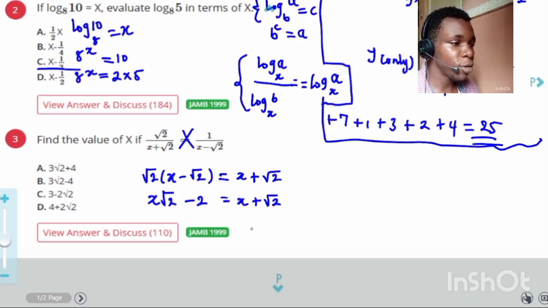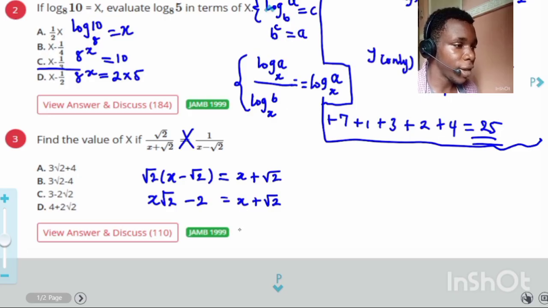All right, the next thing we're going to do is we're going to collect like terms. For everything that has x on it, let's take it to one side. All right, so I'm going to subtract x from both sides.